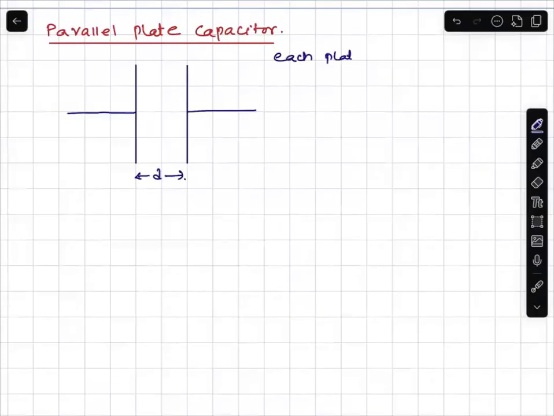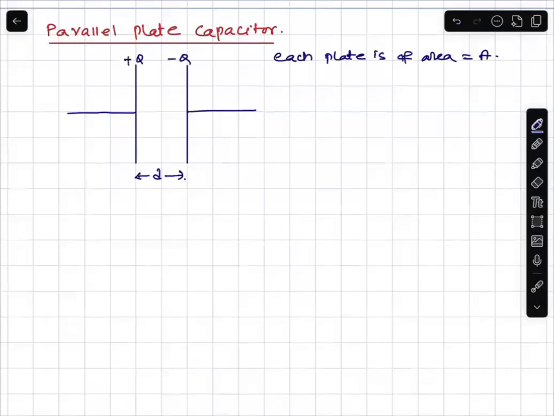Each plate is of area A, and they are separated by a distance d. Now, you have given some charge to these plates, plus Q and minus Q. At the edges, we won't consider anything at this point of time.